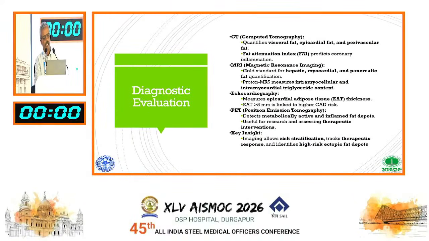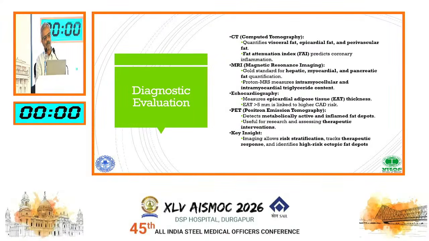So diagnostic evaluation: CT, computed tomography, quantifies visceral fat, epicardial fat, and perivascular fat. Fat attenuation index predicts coronary inflammation. Magnetic resonance imaging is the gold standard for hepatic, myocardial, and pericardial fat quantification.